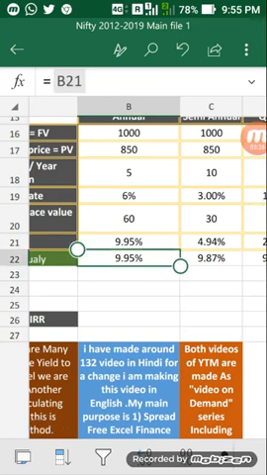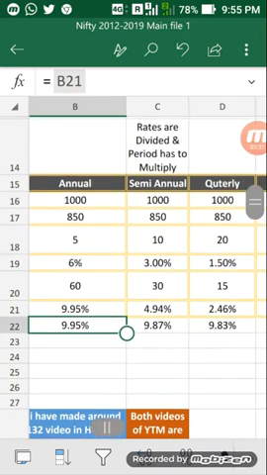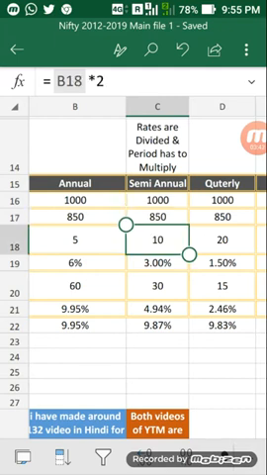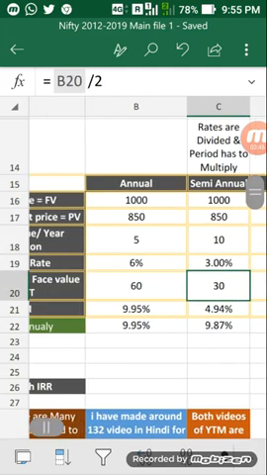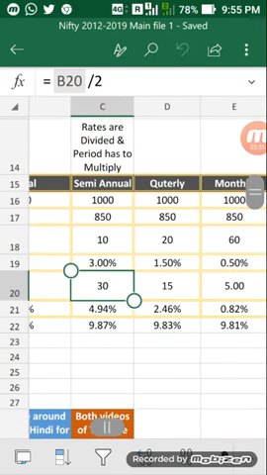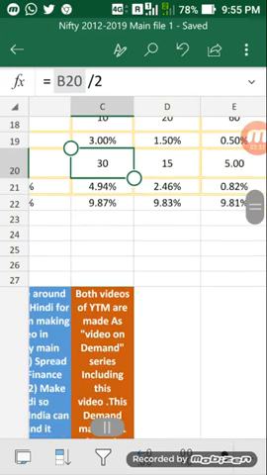Now I will show you the second example: how to calculate the IRR rate, the yield to maturity rate, for a semi-annual period. What we have to do is take 10 times rupees 30 in our IRR calculation. I have made the setup.